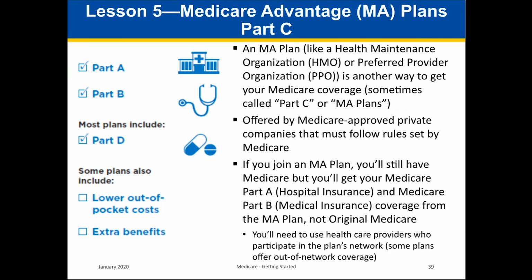In most cases, you'll need to use healthcare providers who participate in the plan's network. Some plans offer out-of-network coverage. If you choose an MA plan, your plan will give you a card to use when you get healthcare services, and your MA plan ID is your main card for Medicare instead of your actual Medicare card. Next slide, please.